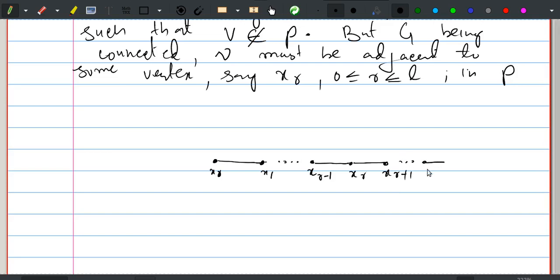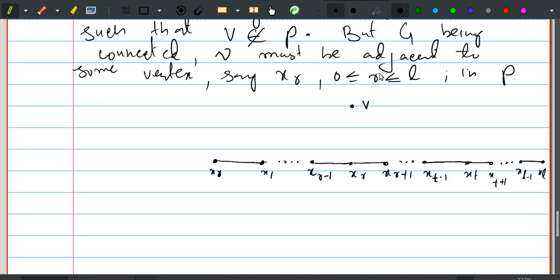This is xt minus 1, this is xt, this is xt plus 1, so on. This is xl minus 1, and this is xl. Now we have a vertex V here.